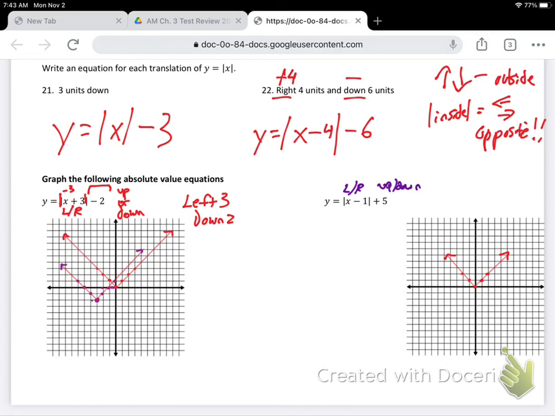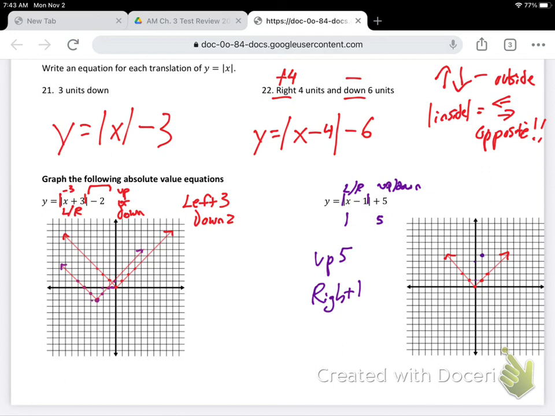And remember, on the inside of these bars, it's got to do the opposite. So it's telling me I need to go to the right 1, because a positive 1 is going to the right, and then up or down, it's telling me that I need to go up 5. So up 5, right 1. So I go 1, 2, 3, 4, 5, and then to the right 1.